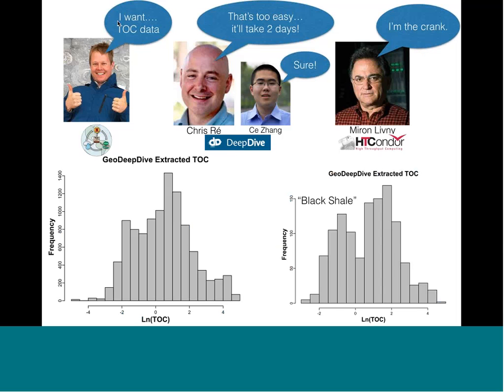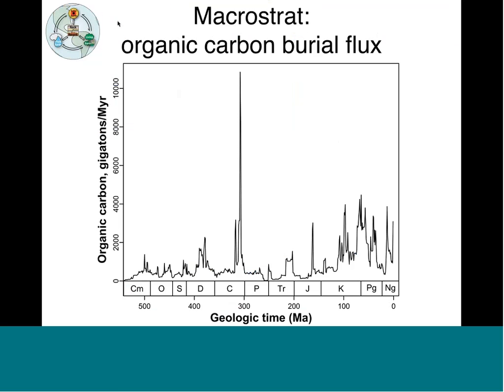For example, when you look at just the black shale component, which of course is an important source of TOC measurements generally, there are multiple modes, and those modes turn out to be geologically interesting for all kinds of reasons. So that's how this got started, and these types of data are important because we can do things like integrate them with Macrostrat and calibrate organic carbon flux as a function of time using Macrostrat's continuous time age model.